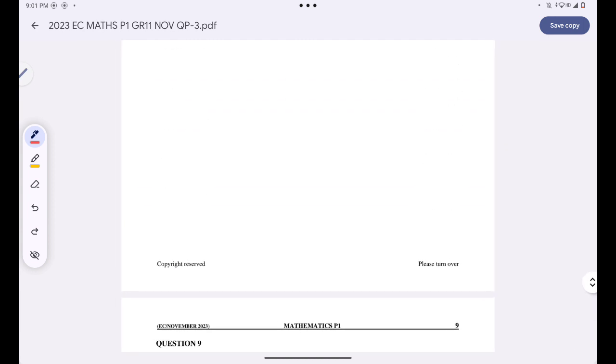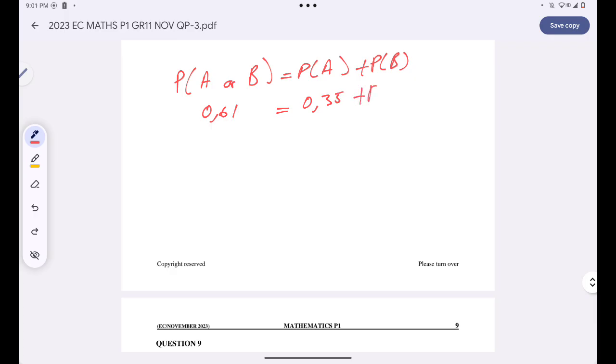For mutually exclusive events, guys, it simply means that the probability of A or B is equal to the probability of A plus the probability of B. If this is 0.61 and I have 0.35 here, for me to find the probability of B, I'll just say 0.61 minus 0.35.